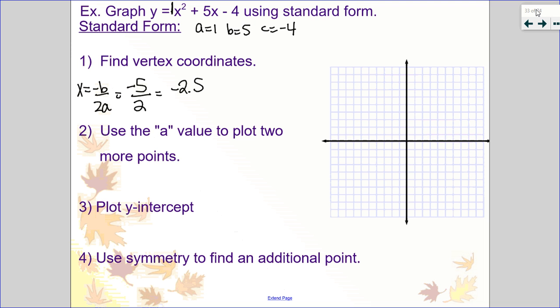To find the y value, you plug -2.5 into your equation. So it's -2.5 squared, that's for the x squared, plus 5 times -2.5 minus 4. So that'll give you the y value of your vertex.